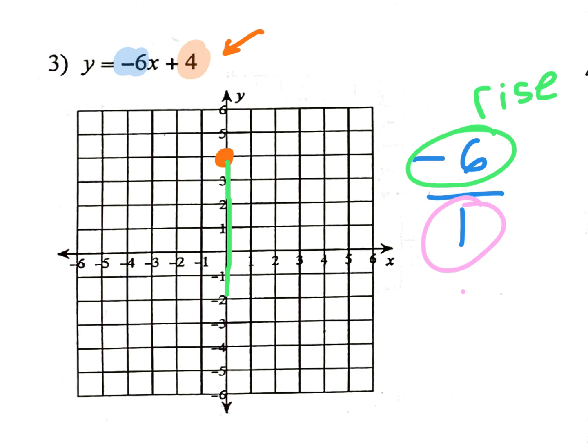But what happens when you do a negative and then you go in the negative direction twice? You get a positive. So you don't want to go to the left. You want to go to the right, because that will make it positive. So your second coordinate is going to go right there.